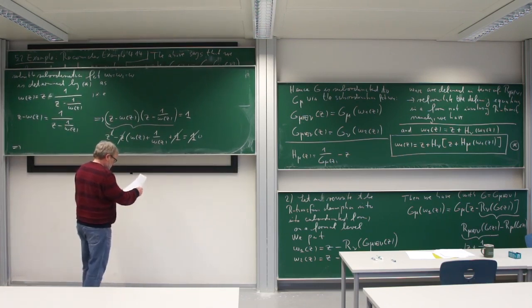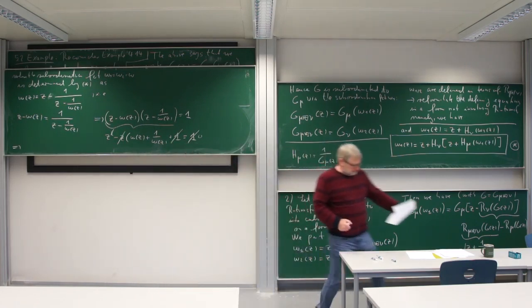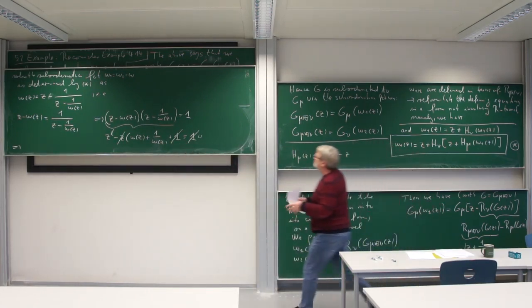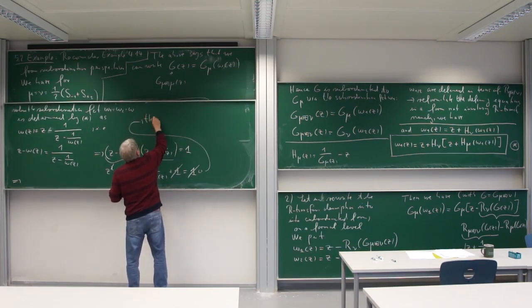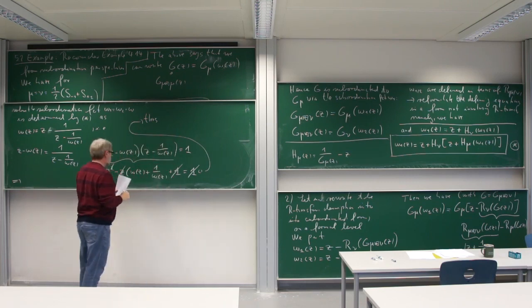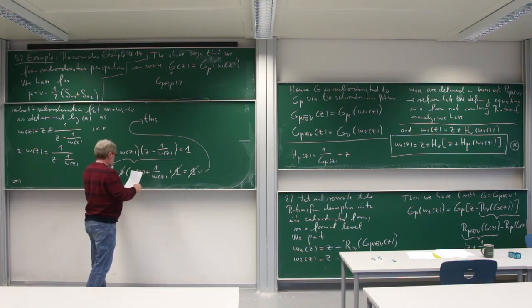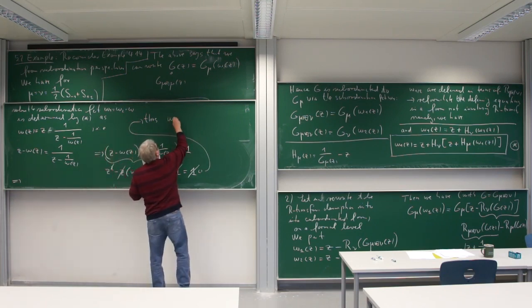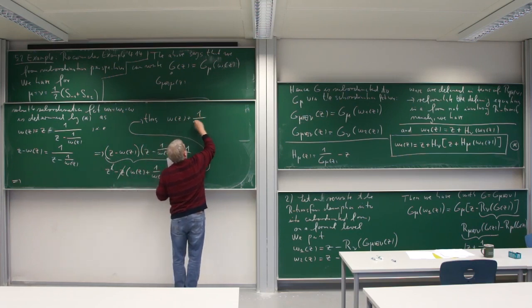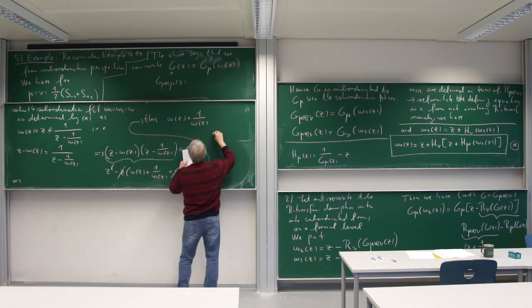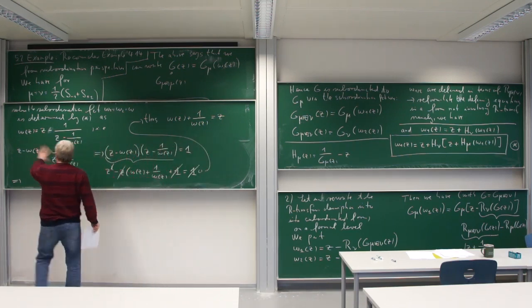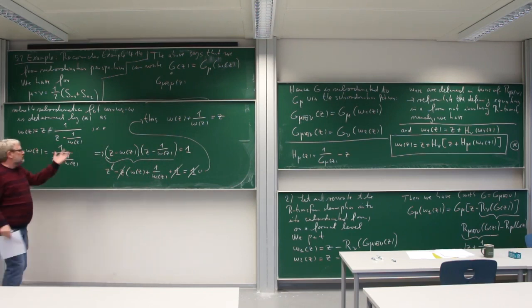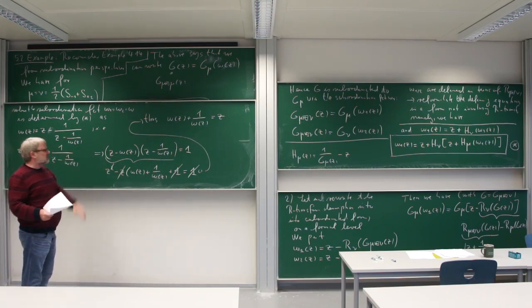And then we remain with the equation: omega of Z plus 1 over omega of Z is equal to Z. Okay, so that's the same equation as this one.